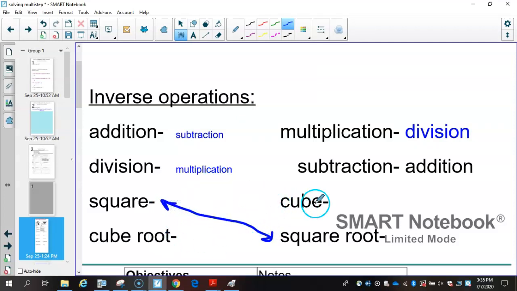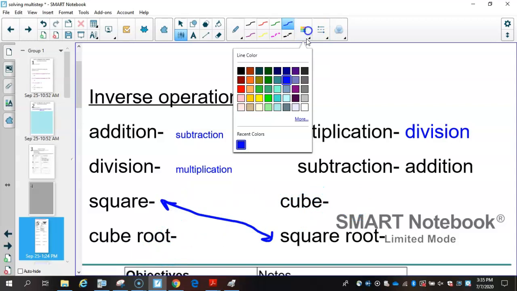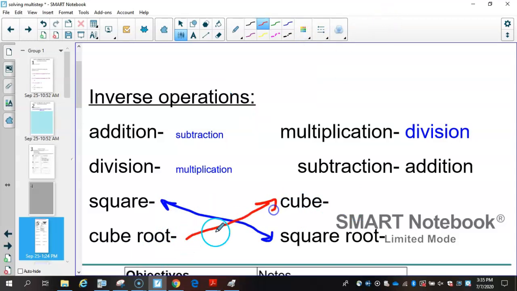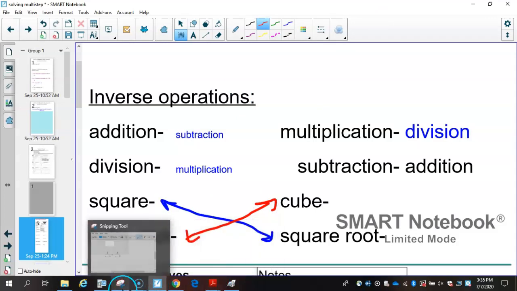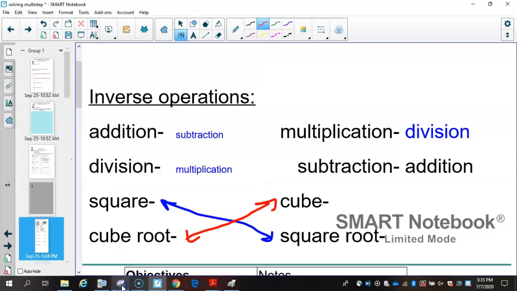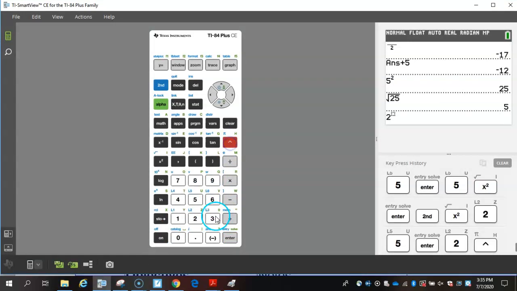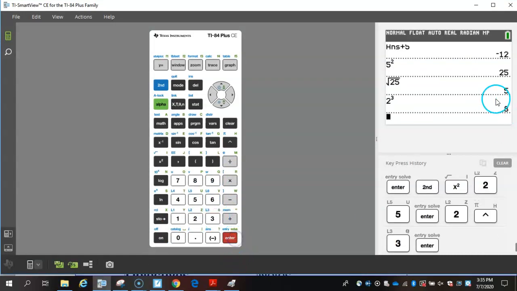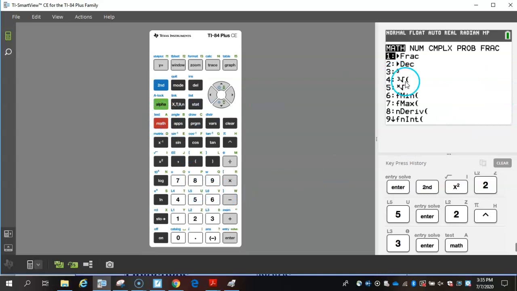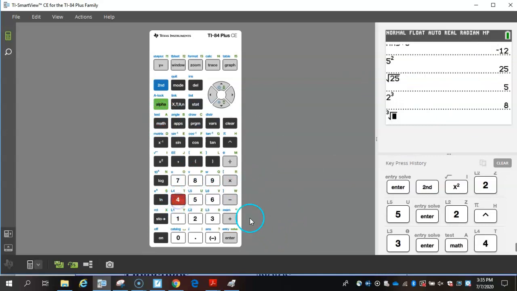So then you can assume that these two are also inverses, the cube and the cube root. And it works the same way as the square and the square root, and I'm going to show you that. So if I say 2 to the third power is 8, and then I want the cube root of 8, I'm going to go into math and do number 4.